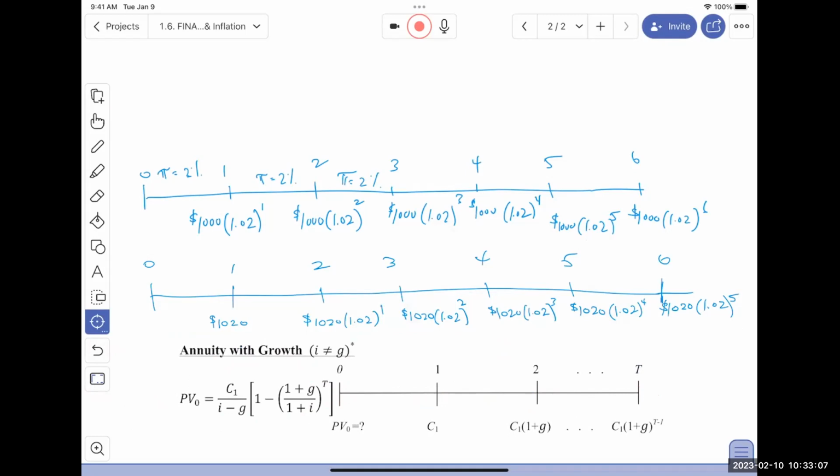It's all about pattern recognition, and applying this formula requires that you have this pattern. And certainly i is not equal to g, because the nominal rate of interest is 8% and the g is 2%. So we can apply the formula.